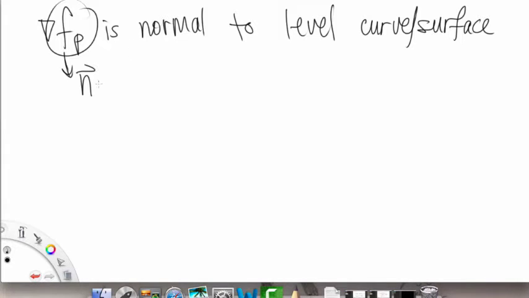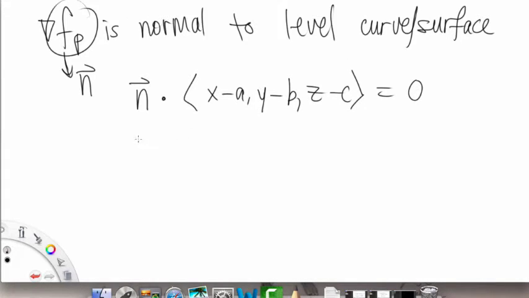So if we treat this like the normal vector, when we're dealing with planes and tangent planes, we can say that instead of n dotted with x minus a, y minus b, and z minus c equals 0, we can replace that with our gradient, right?